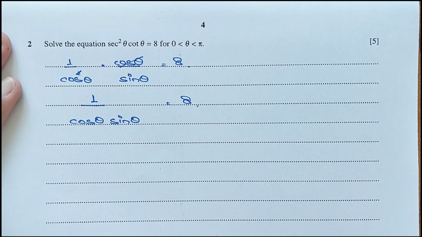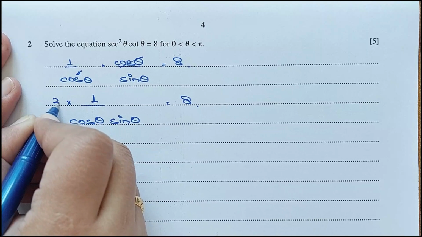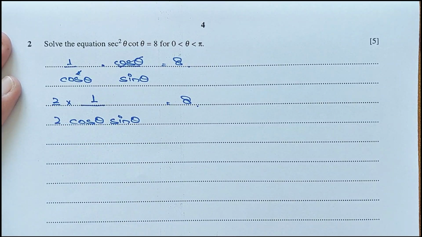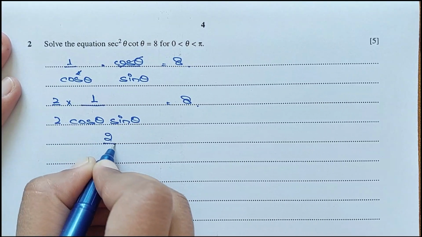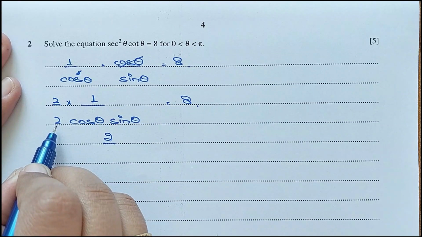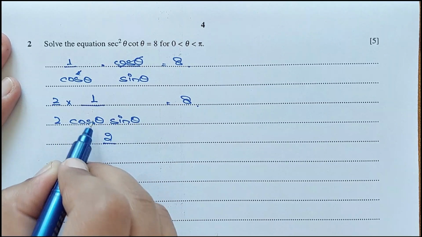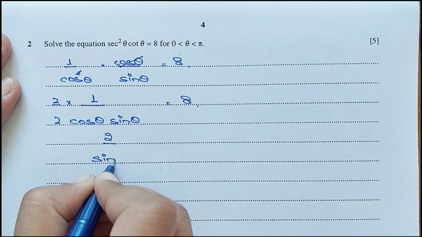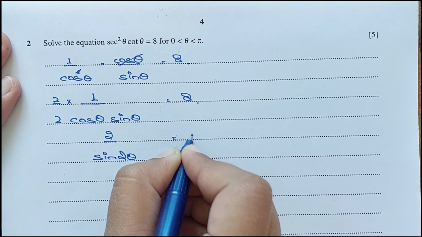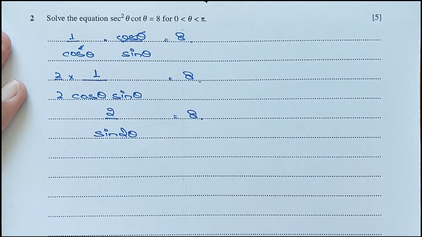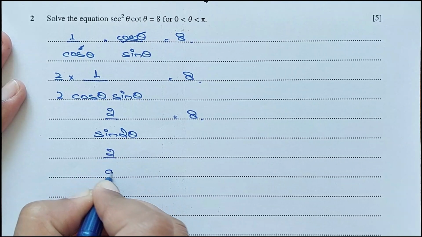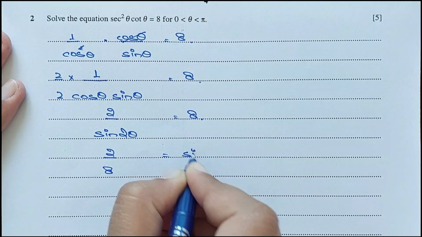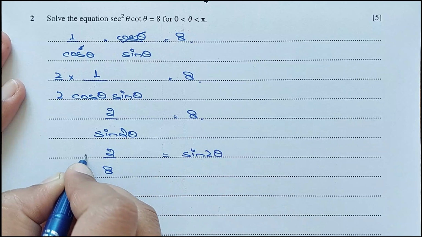So let me multiply and divide by 2. From here we have 2 over 2 sin theta cos theta, which is sin 2 theta. This would be equal to 8. Now cross multiplication: 2 by 8 is equal to sin 2 theta, and 2 by 8 is 1 by 4.